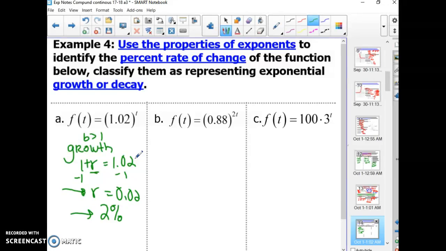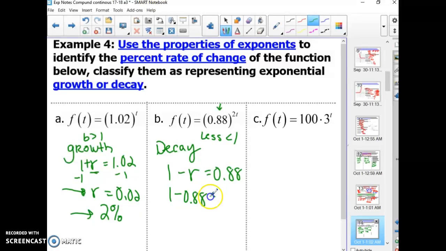Over here, am I growing or decaying? Well, that is less than 1, so I am decay. 1 minus r should give me that 0.88. So I know 1 take away something should give me 0.88. A few ways for you guys to do this. If I go 1 minus 0.88, that is equal to my r value. So r is equal to 0.12.